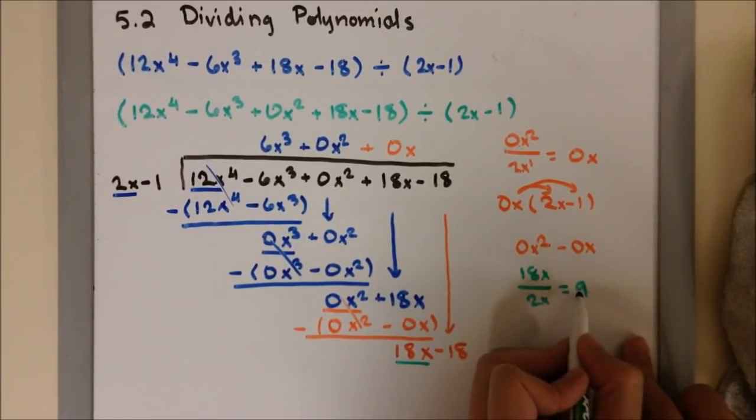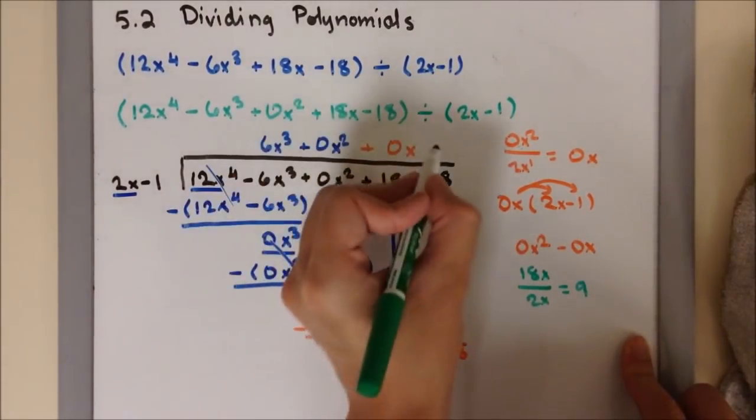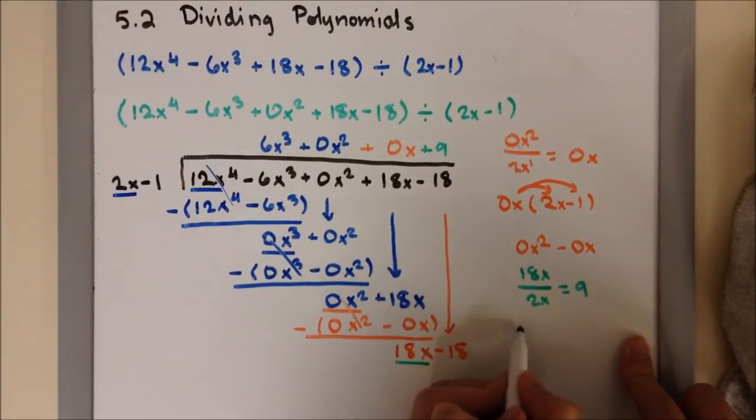So 9 times 1 is just 9, so I'm good. And then I'm going to write 9 up here since it's positive, so plus 9. So 9, I'm going to multiply to my divisor, so 2x minus 1. So 9 times 2x would be 18x. And then 9 times negative 1 would be minus 9.